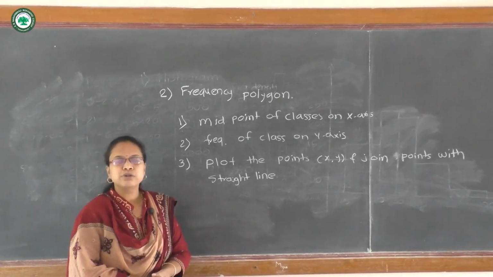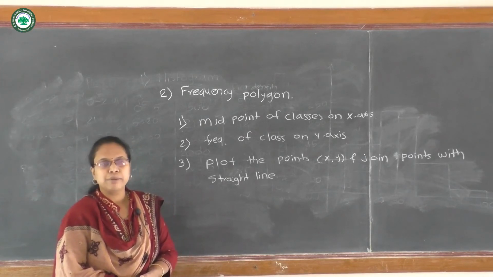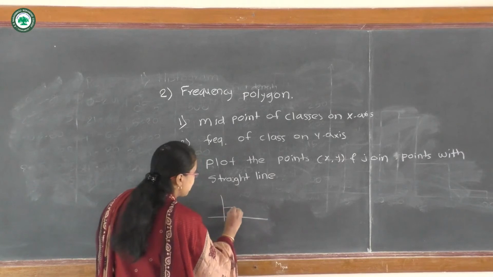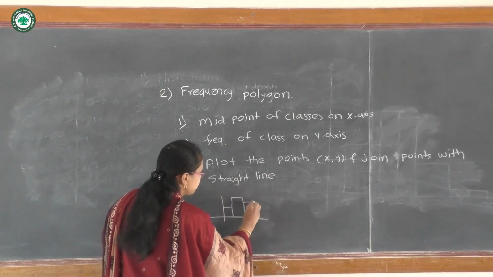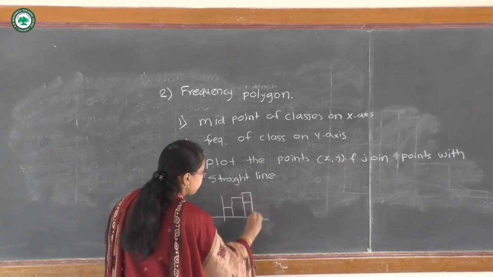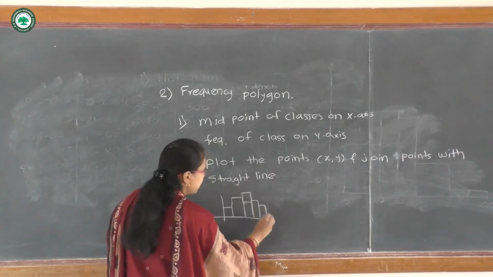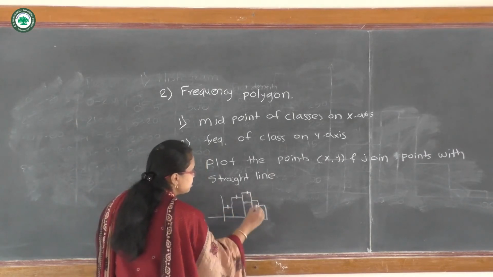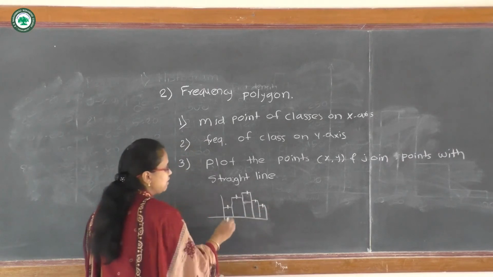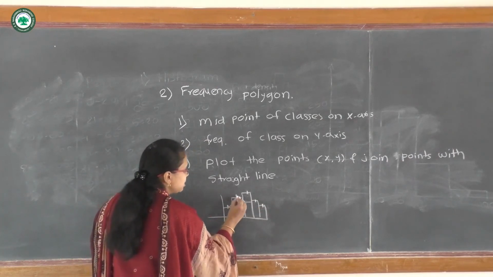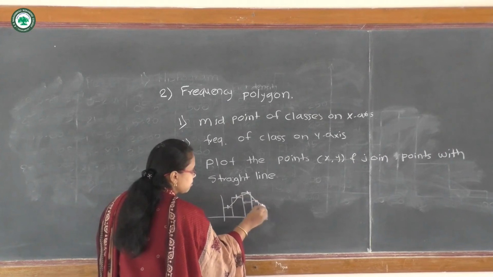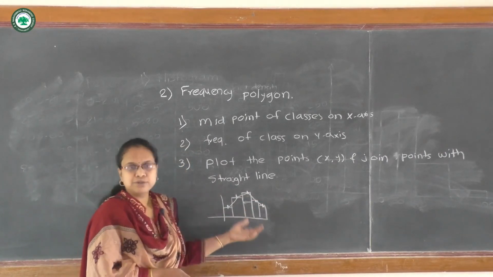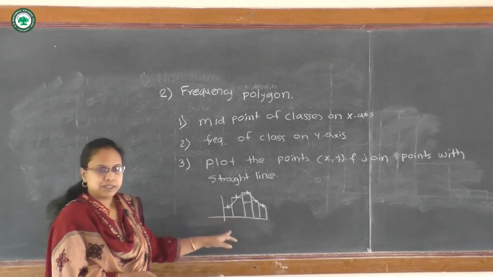We can also draw this frequency polygon by using a histogram. So suppose this is the histogram. Then we can mark these mid values. So these are the points, and we can join these points with a straight line. So this is the frequency polygon using a histogram.